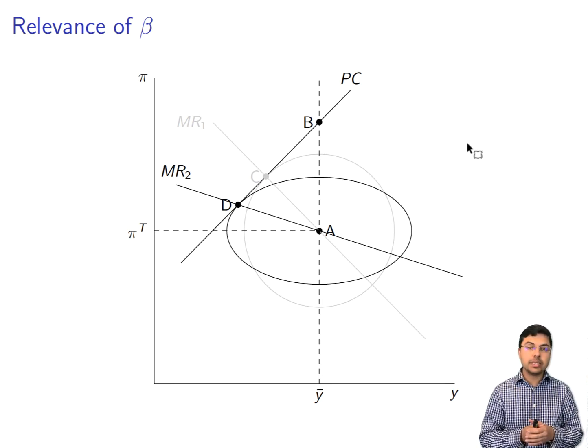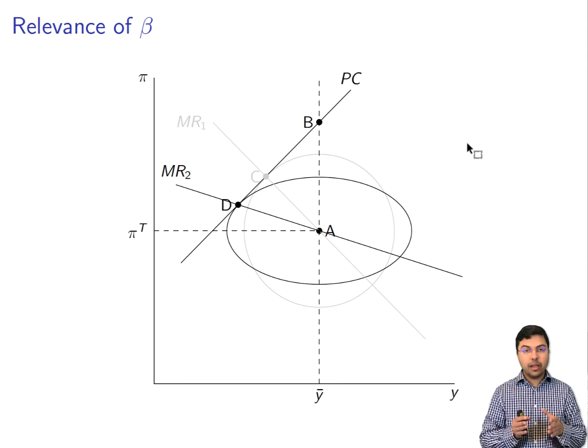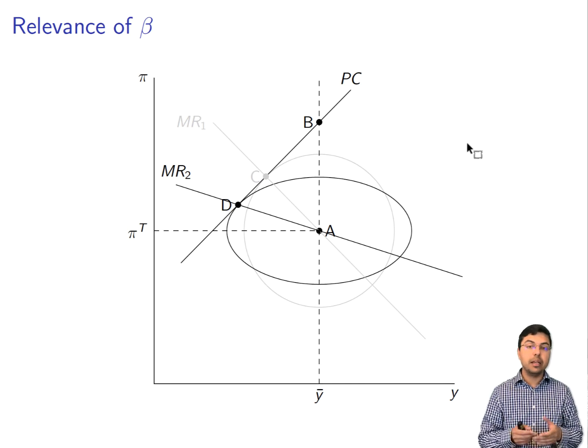As a consequence, the new MR curve, MR2, is the one that passes through points A and D. As you can see, the new MR curve is flatter than the old MR curve. Hence, as beta increases, the MR curve becomes flatter and flatter.